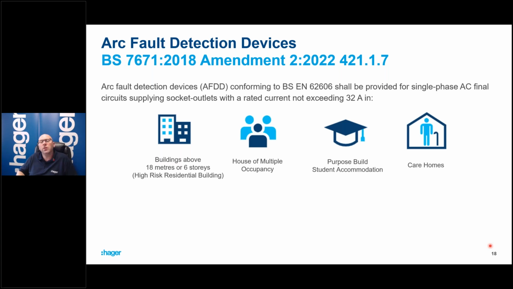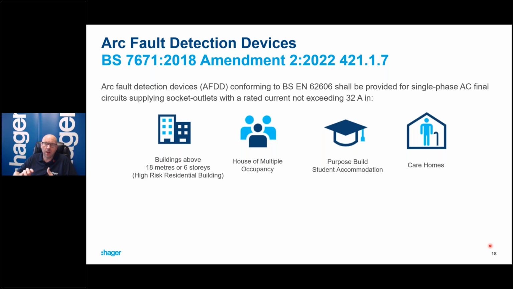Now, to give you a little bit of background behind this, during the discussions at committee level, we kept coming back to socket outlets because there's no control over what's being fed from them. Could be extension leads that are getting damaged, cables that are getting trapped. So that's kind of why socket outlets were focused on. And then we started looking at where they were required, everywhere, possibly not, but what buildings would justify them.